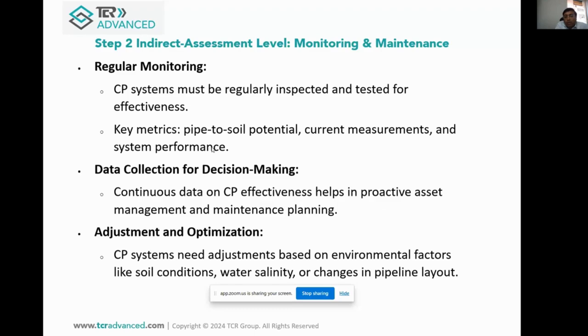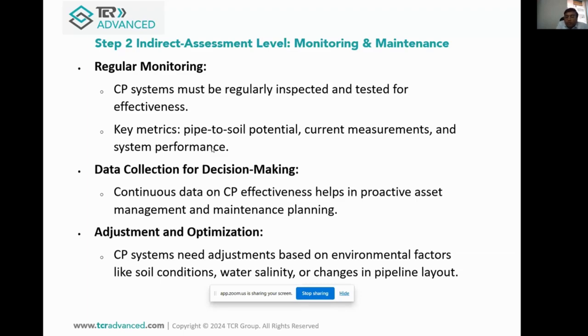So various CP parameters like pipe to soil potentials, anode bed readings, anode operating procedures, TR functionalities shall be regularly monitored, along with current and system performance. You also need to check your test stations, AJBs, CJBs, etc.